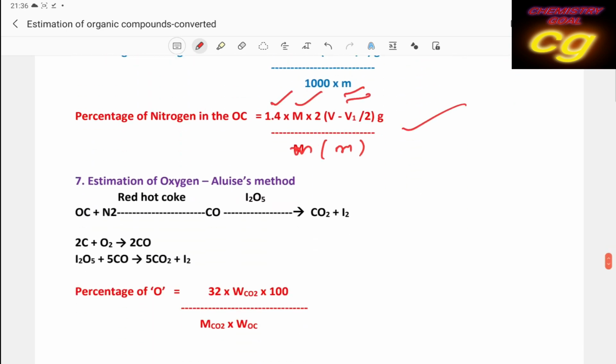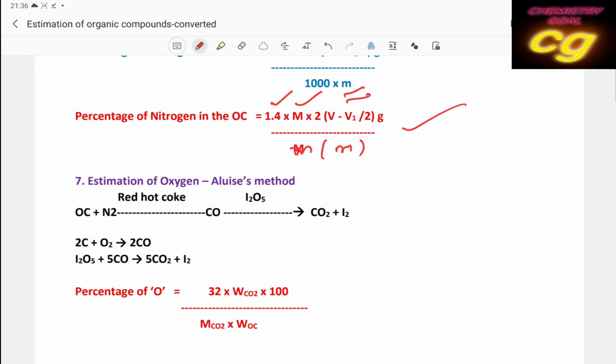Then the last one is the estimation of oxygen. We know oxygen is also part of organic compounds. How can you calculate how much oxygen is present in the organic compound? Here the method is called the Aloy method. In this method, the organic compound is heated in the presence of a nitrogen atmosphere and red hot coke.